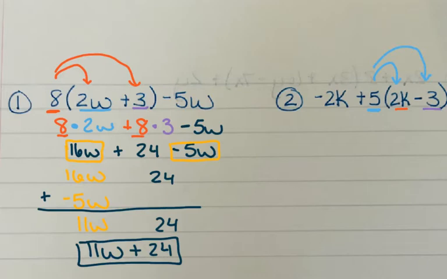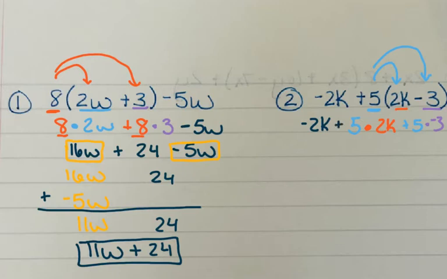I'm going to distribute that 5, so I end up with 5 times 2k plus 5 times negative 3. And I haven't done anything with this 2k out front, so I need to bring that down.